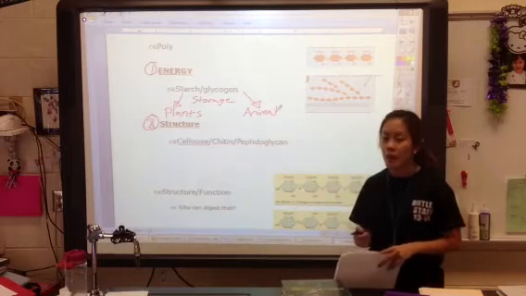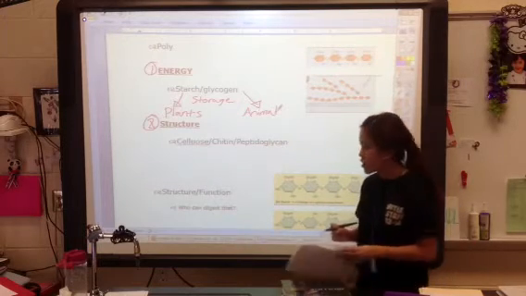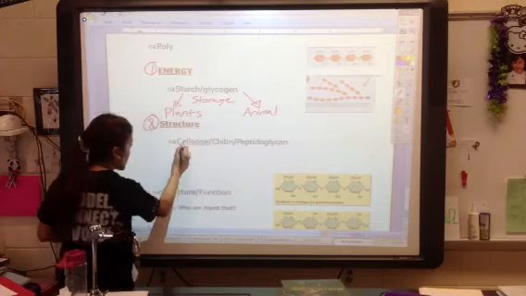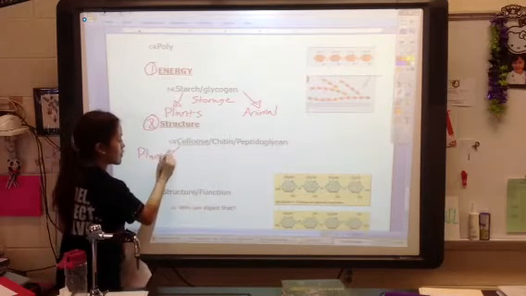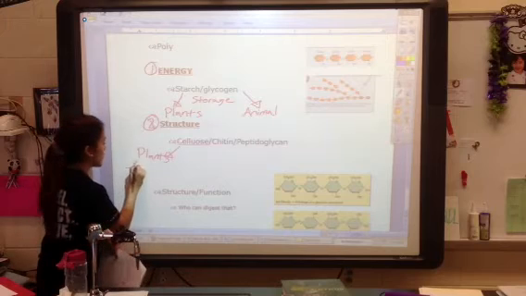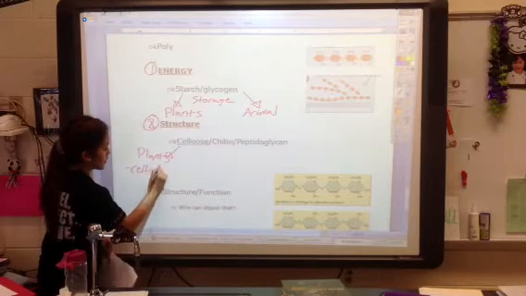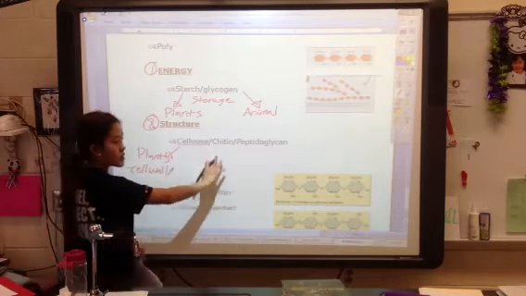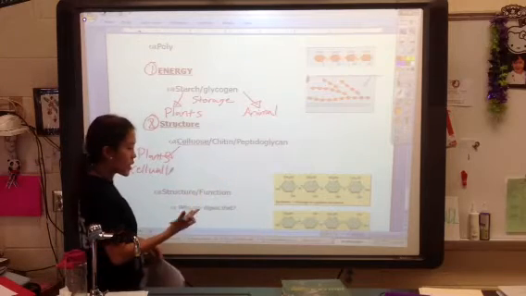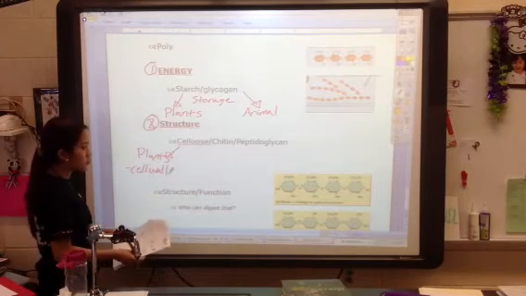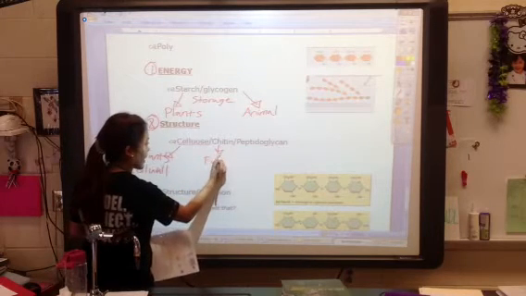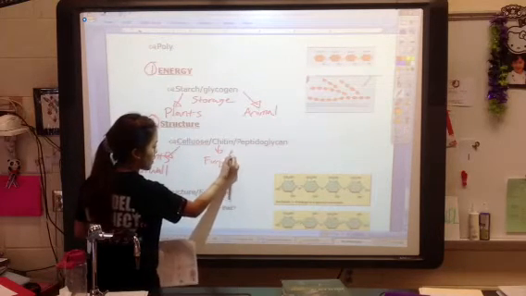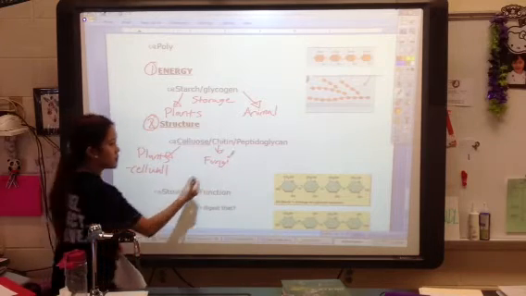Also, carbohydrates can be used for structure. And so cellulose is found in plants. It's a type of carbohydrate that actually helps make the cell wall in plants. And you're going to notice that all three of these have the same type of function. Chitin is going to be found in fungi as their cell wall.